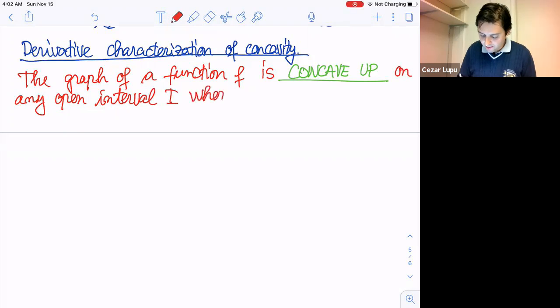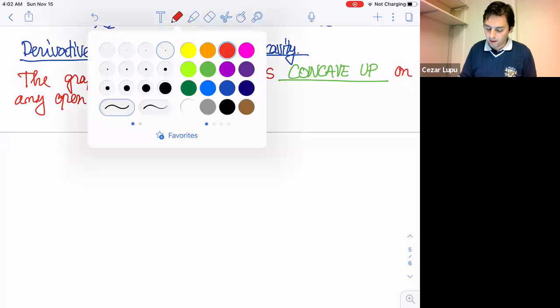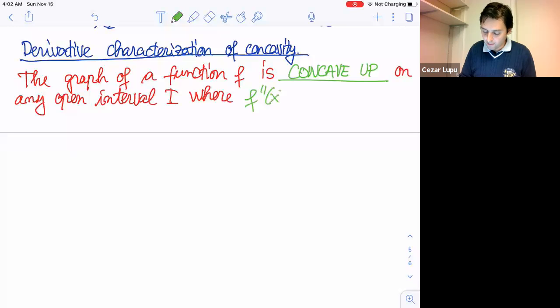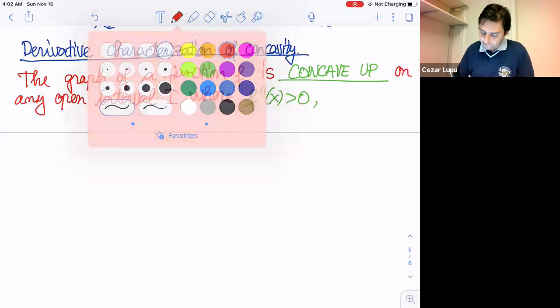where, guess what, the second derivative will be positive, where f double prime of x is positive.